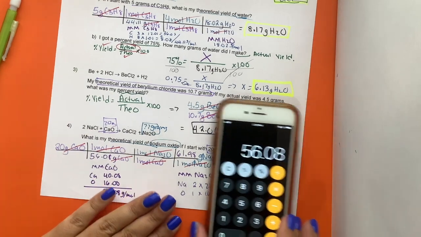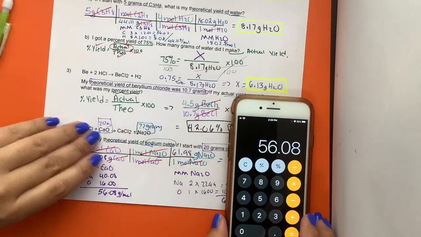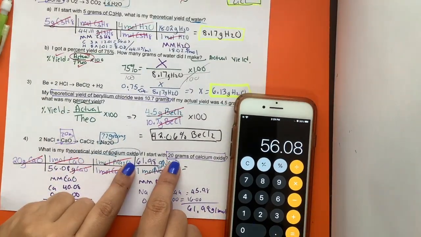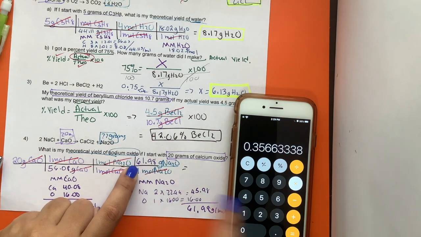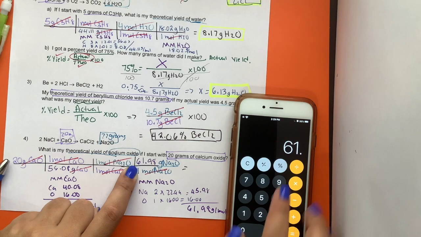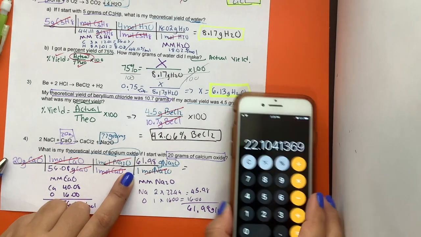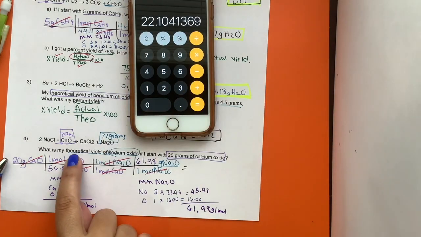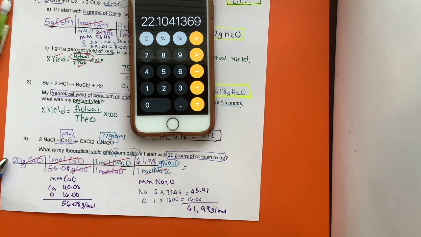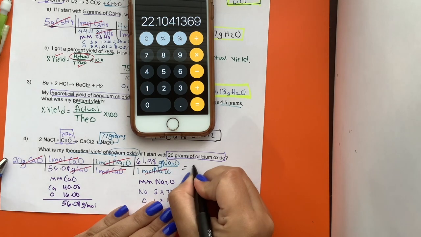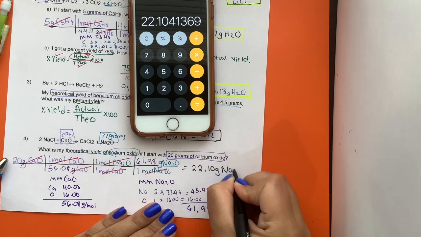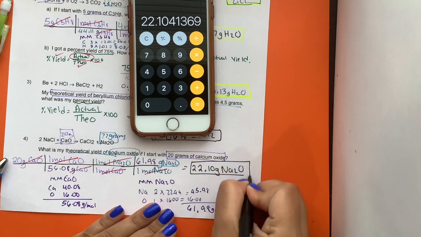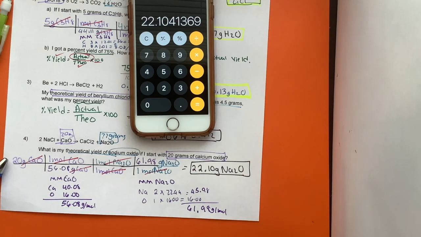I don't really have to calculate that because it's gonna give me the same number. And then in my next section, I have a number in the top. That means that I'm gonna be multiplying by 61.98. And I get that my theoretical yield is 22.10 grams of Na2O. Okay, that's my theoretical yield, and I am done.